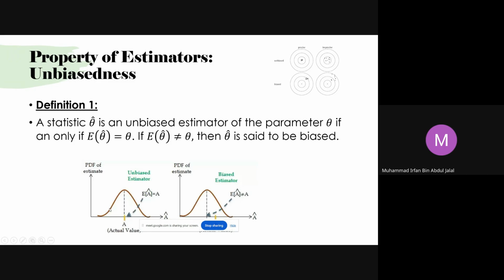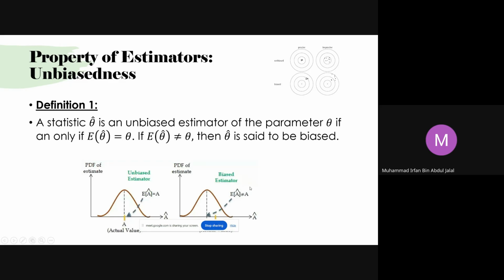In the long run, if the sample mean is an unbiased estimator of the population mean, then on average it will accurately estimate the population mean, for example of the blood pressure in healthy individuals in Perak.